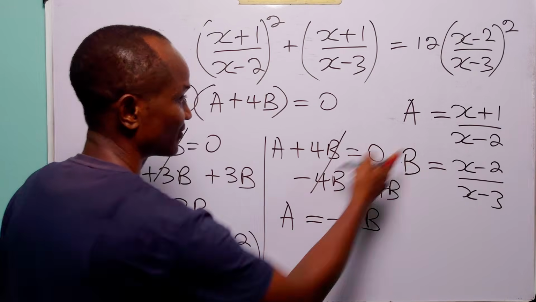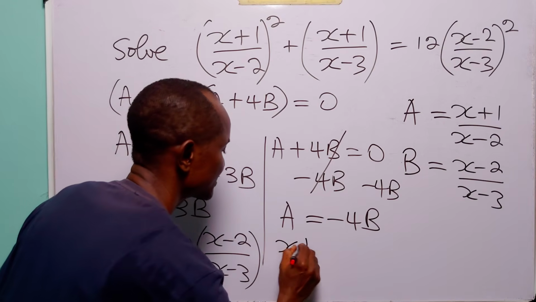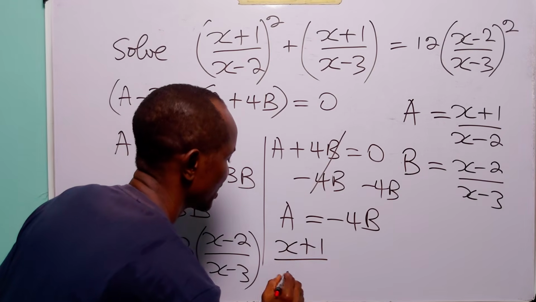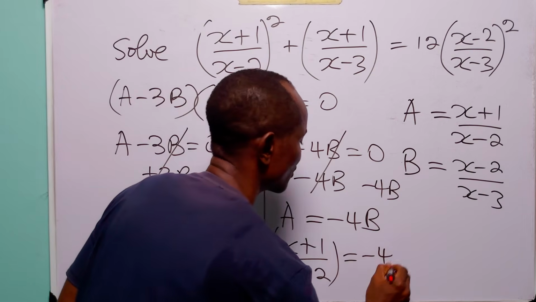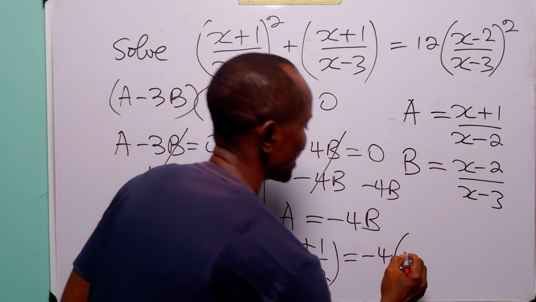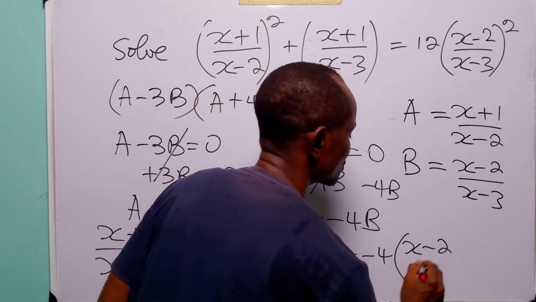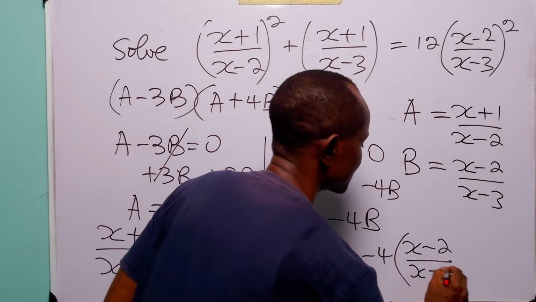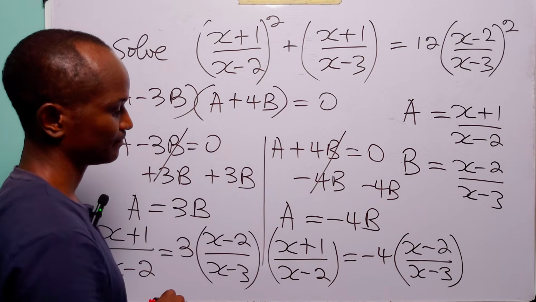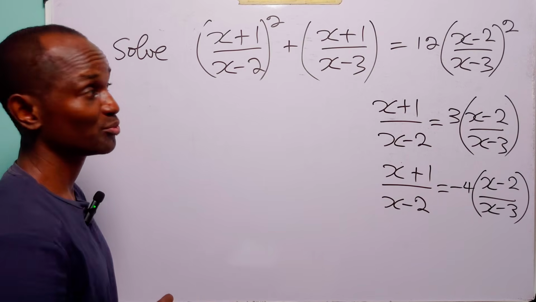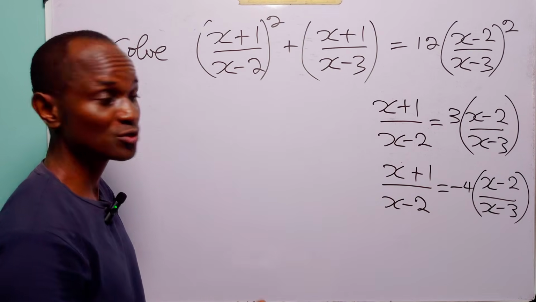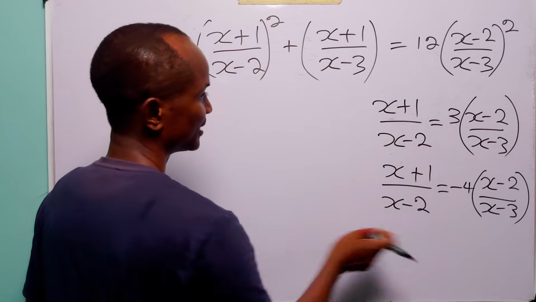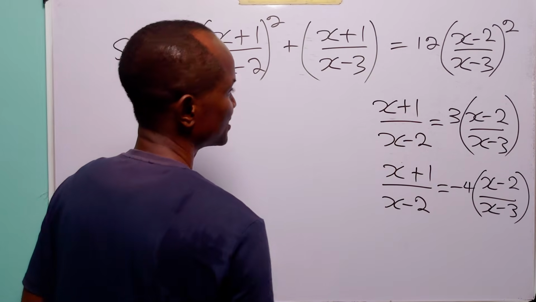And in this case, we have that a, that is x plus 1 over x minus 2, is equal to minus 4 multiplied by x minus 2 over x minus 3. Now you can see that we have broken down this rather long, complicated equation into two much simpler equations. Let us start with this first one.